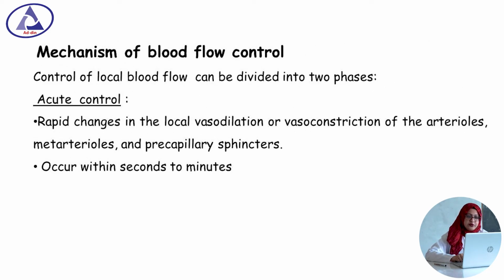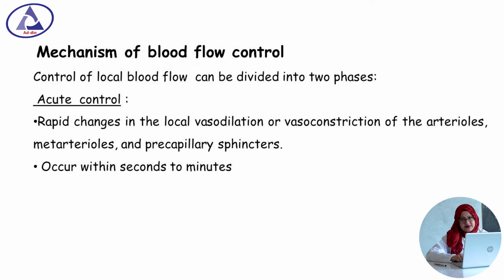Mechanism of blood flow. The control of the local blood flow can be divided into two phases, the acute control and the long-term control. Acute control refers to rapid changes which occur in the local vasodilatation or vasoconstriction of the arterioles, meta-arterioles and precapillary sphincters.